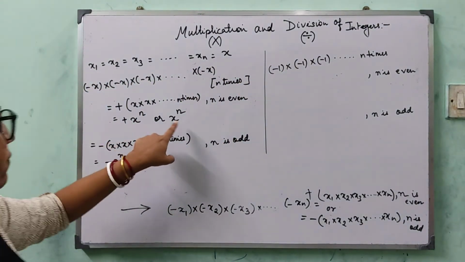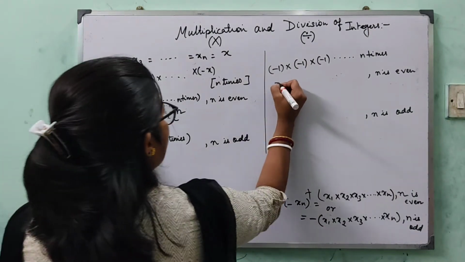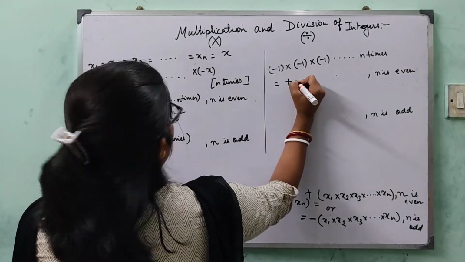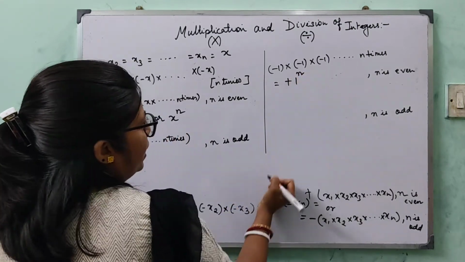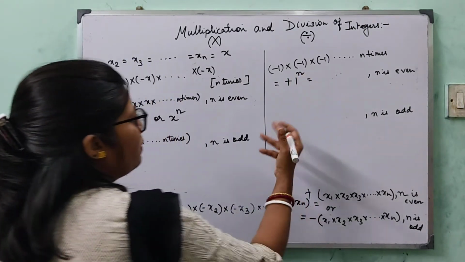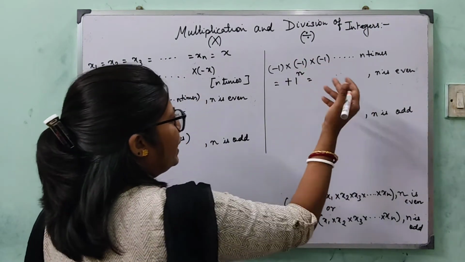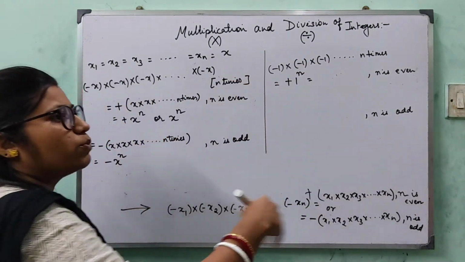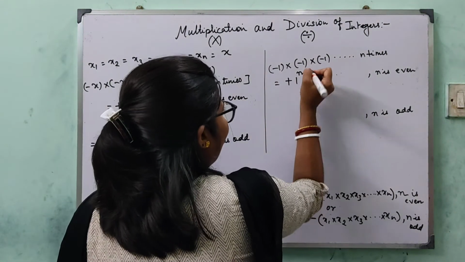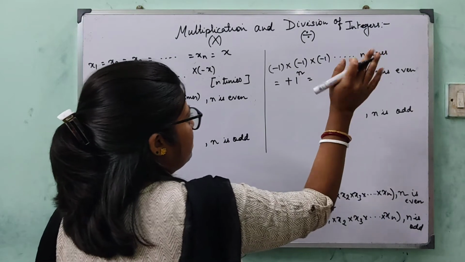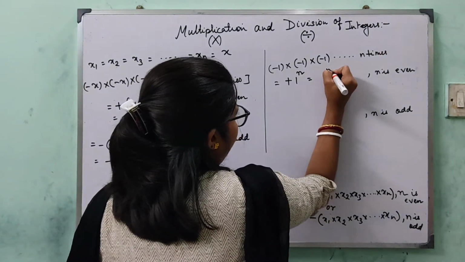If n is even, it becomes positive x to the power n. So here what is the x? It is 1 to the power n. And what is 1 to the power n? 1 to the power anything is 1, meaning 1 multiplied 1000 times, 100 times, or any number of times to itself is 1.